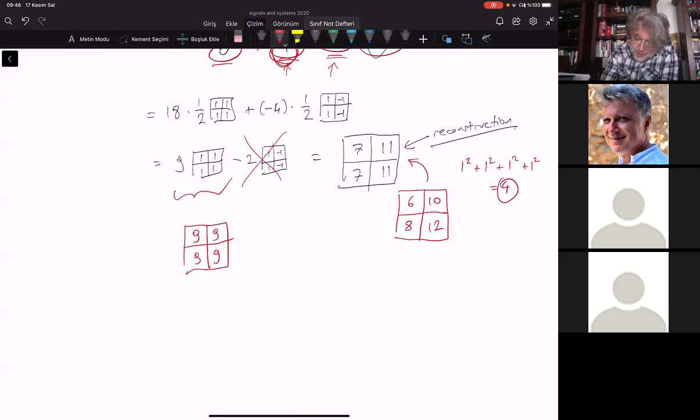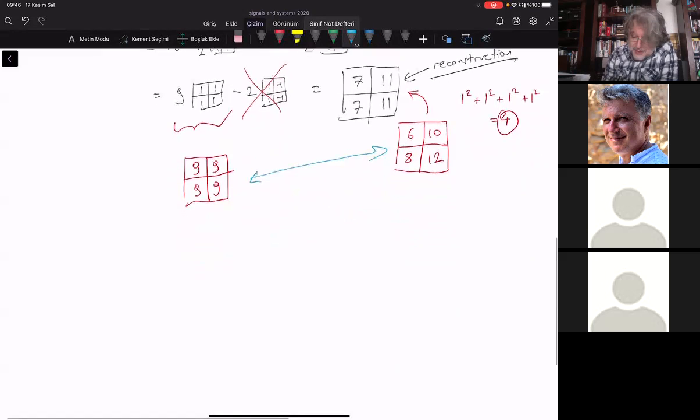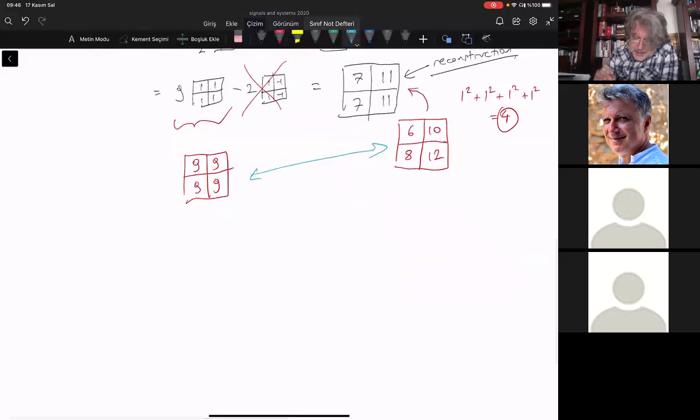But the original image was this. So how much error do I have now? The error that I have is the differences between each pixel at their own coordinates. So this difference between 9 and 6 is 3. So the error is 3 squared, plus this difference between 9 and 10 is 1 squared, plus 9 and 8, the difference is 1 squared, plus 9 and 12, the difference is 3 squared.